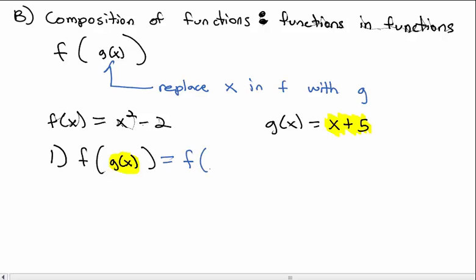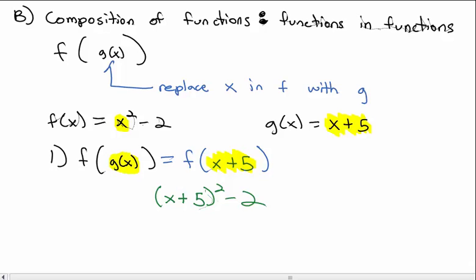What we're essentially asking to do is take f and replace the guts with the x plus 5. Well, the guts in f, that's the x squared. So now that becomes, instead of x squared minus 2, stuff squared minus 2, and that stuff is the x plus 5.